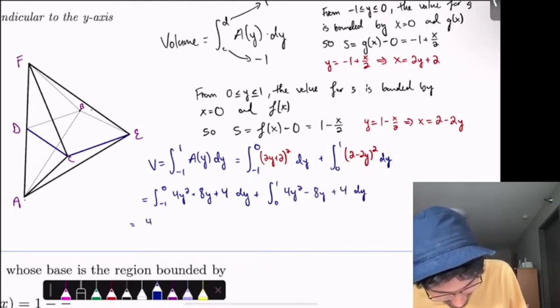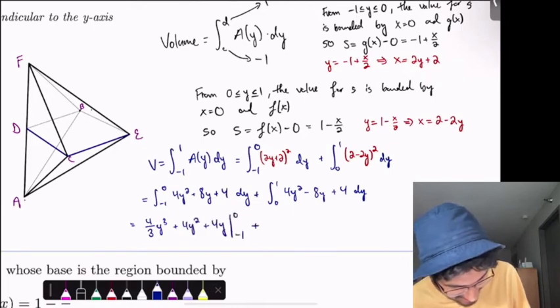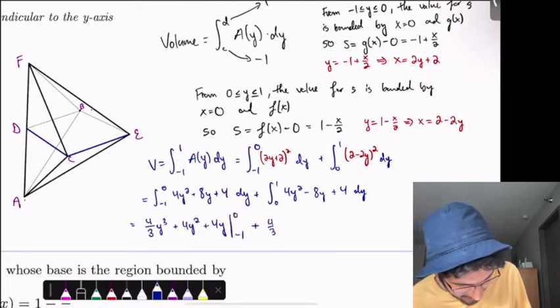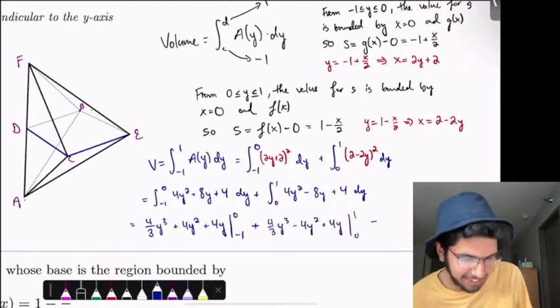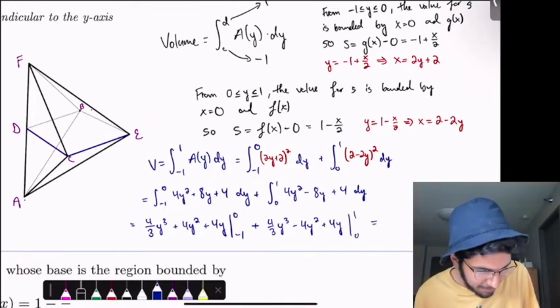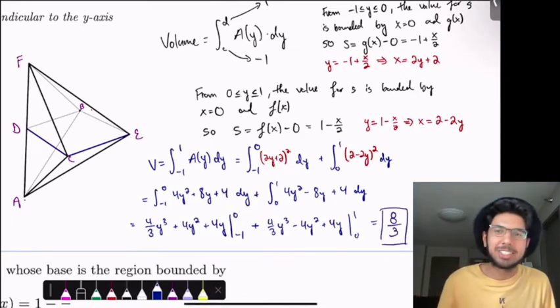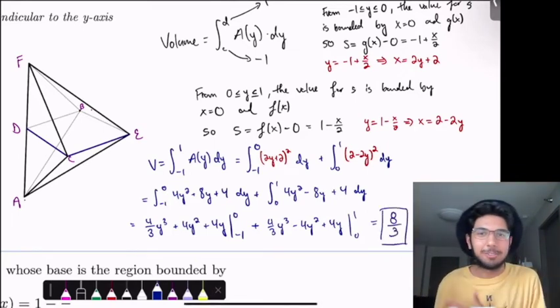And hopefully you remember your integration rules, power rule, things like that, and the fundamental theorem of calculus to evaluate these. I won't bore you with plugging in the values. I'll trust that you can do that on your own. But you should get the value 8/3, which is quite curious because that's the volume we got in the first problem, but it was a completely different shape.